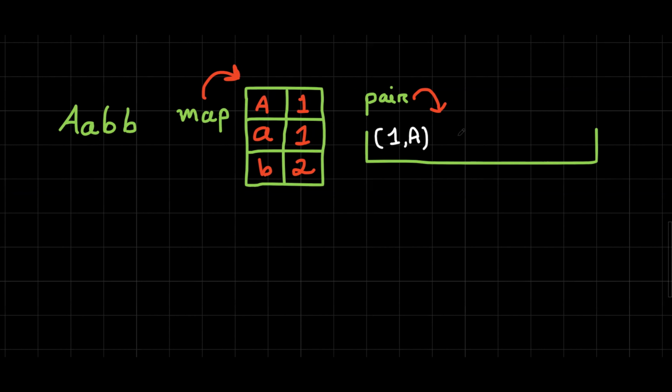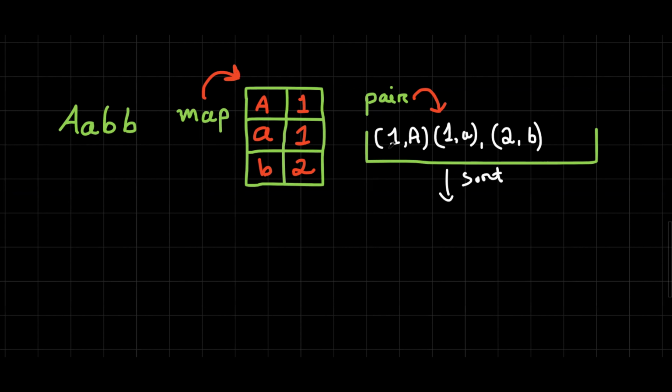So it is the first entry, 1 capital A. It is the second entry, 1 small a. And it is the third entry, which is 2 small b. Now we have found the pairs. So at first we have to do some operations. The pairs will be sorted according to the first element of their entries.